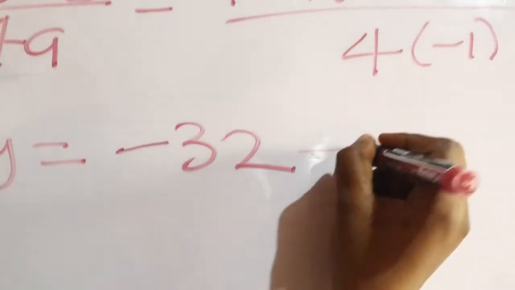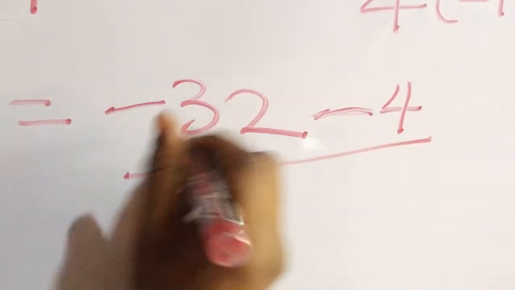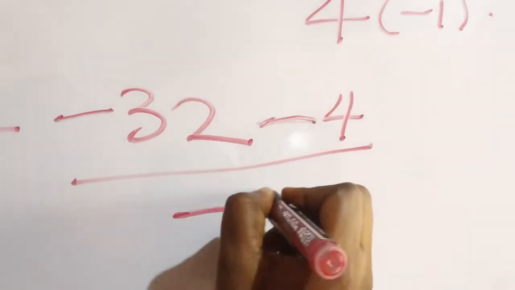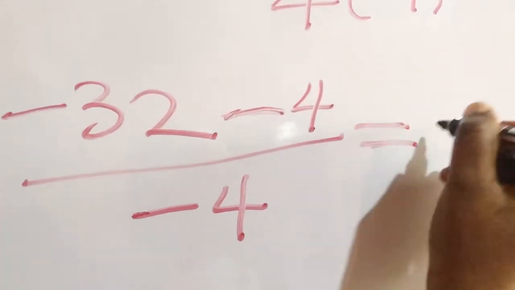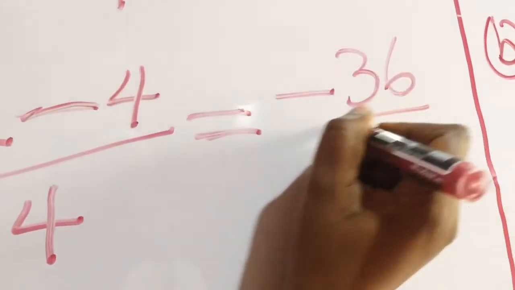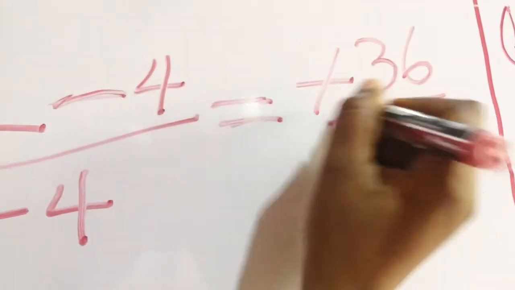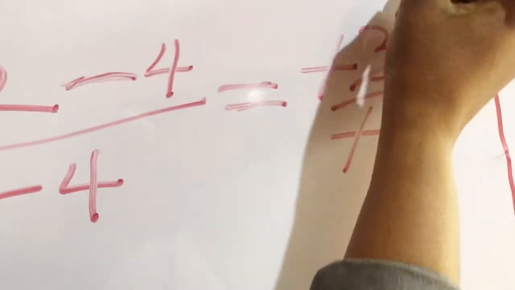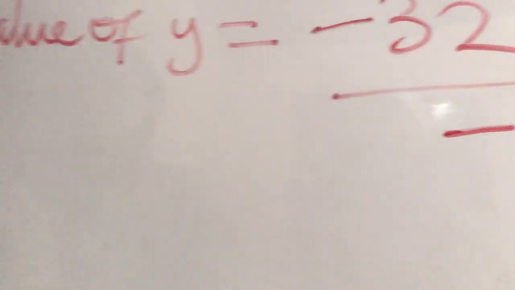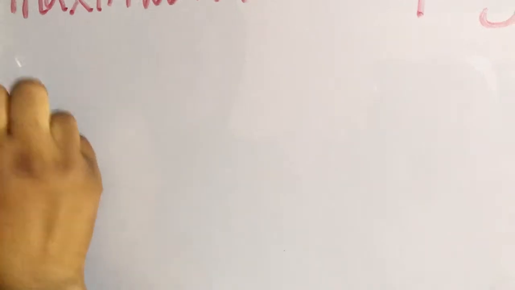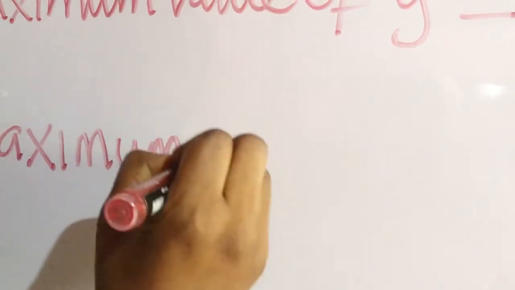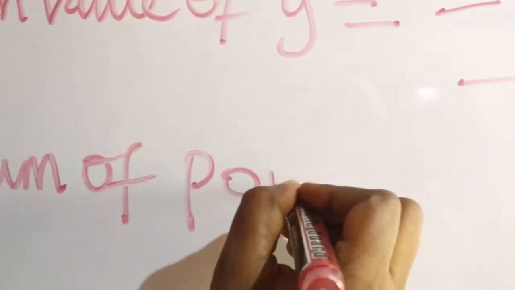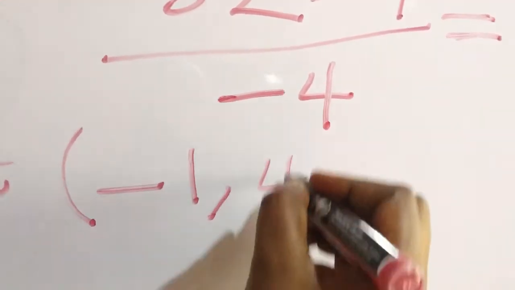Then there's a minus there, so minus 4 over 4 multiplied by minus 1 is minus 4. So minus 32 minus 4 is minus 36. Minus 36 divided by minus 4. The minuses cancel, and 4 in 36 is 9. So the maximum point, or you can easily say the turning point, of this polynomial will be equal to minus 1, 9.